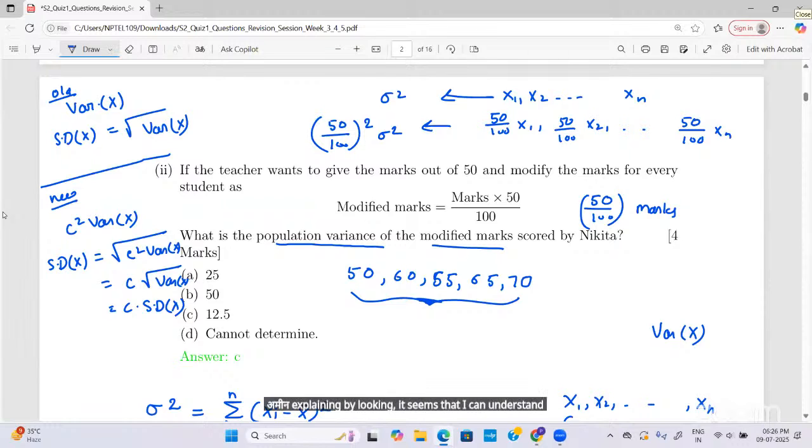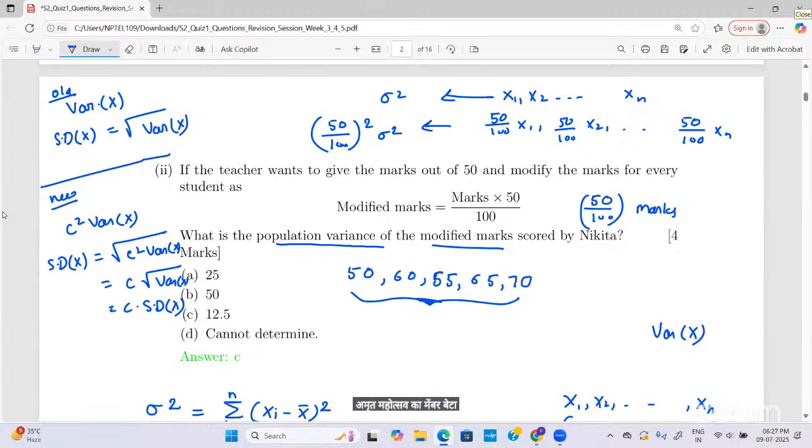The question is in front of me and you are explaining, so I can understand, but for the exam, if I can solve it first, I can remember better.